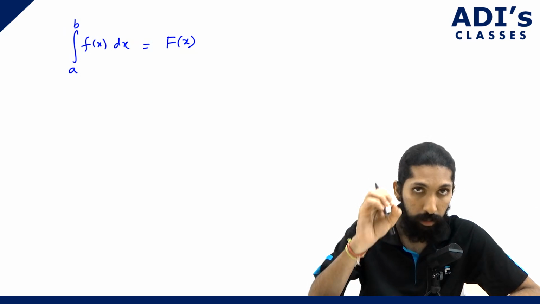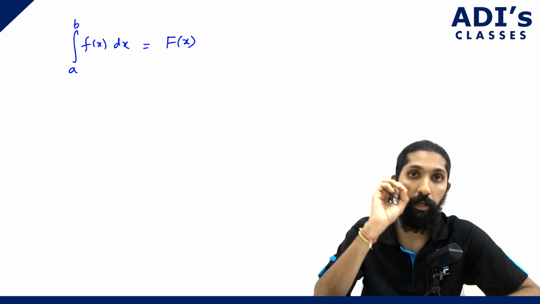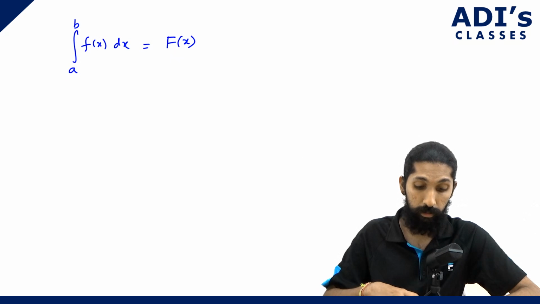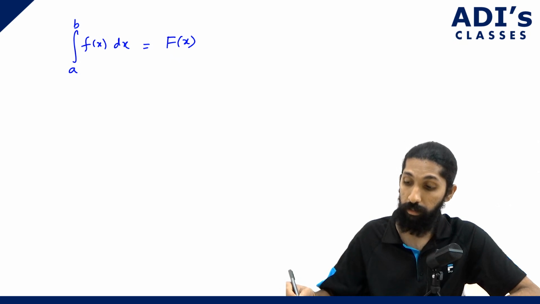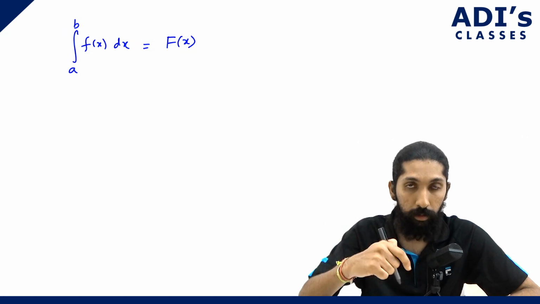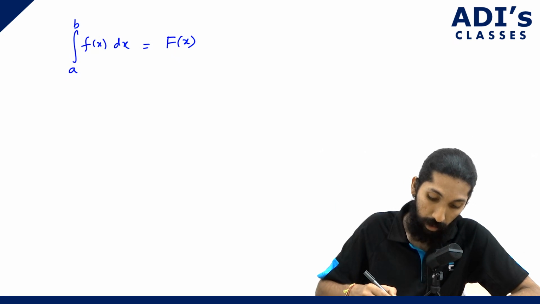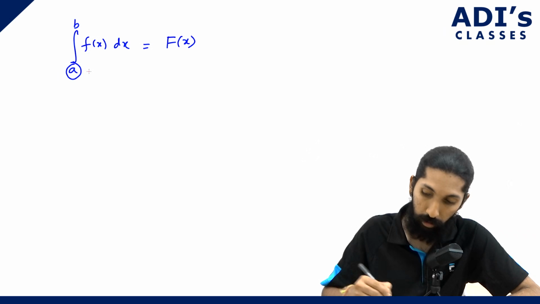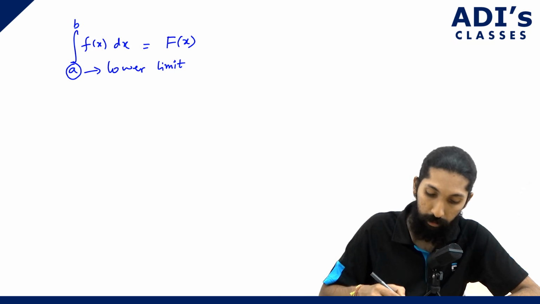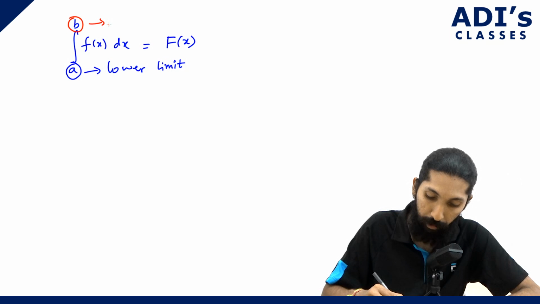Now, this is where the limits of the integration are important. This is the new part, the limits of the integration. So there are two limits, upper limit and lower limit. Here a is what we call the lower limit, and b is called the upper limit.